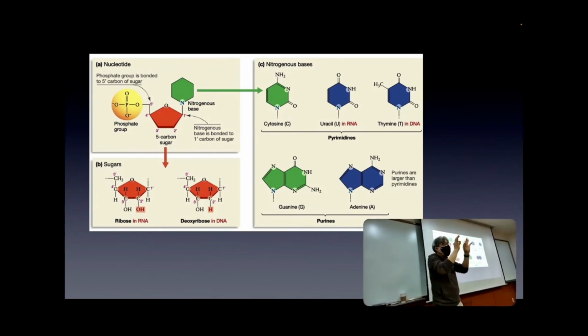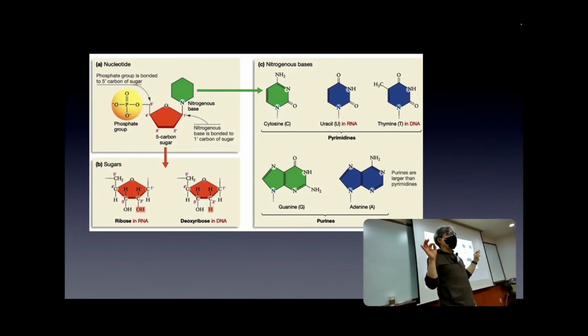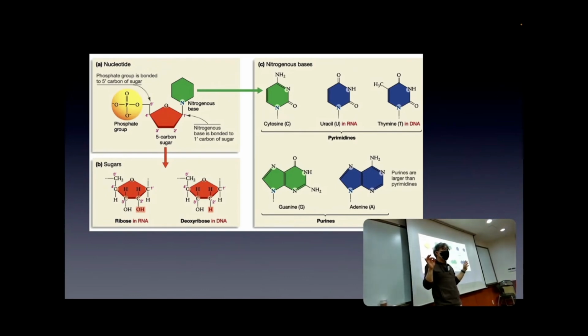You need the individual component. What's the name of that component? That was the nucleotide. And what's the composition of the nucleotide? Yes, it has three parts. One is some kind of sugar, a ribose sugar, a 5-carbon sugar. Both RNA and DNA have ribose sugar in their respective nucleotide components.